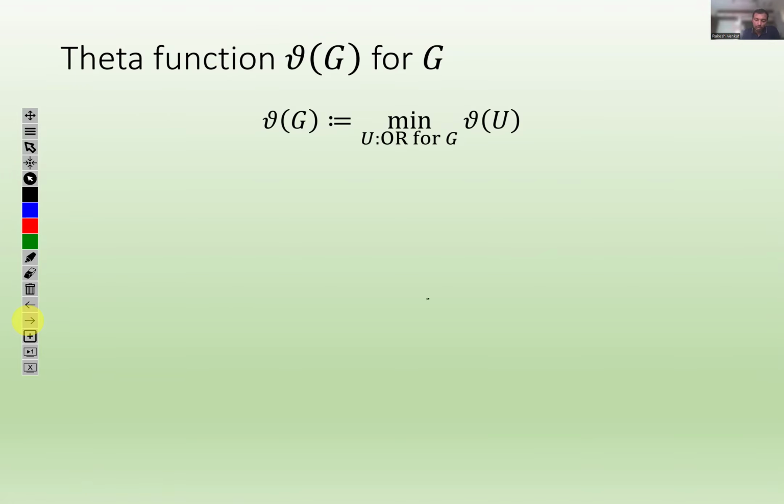So it's the minimum over U, which are orthonormal representations for G, of theta of U. Okay. So for instance, for the complete graph, there were two possible orthonormal representations. There was the trivial one, and there was the one where all vectors are the same. Both are equally valid, but the one where all the vectors are the same is more efficient in some sense.